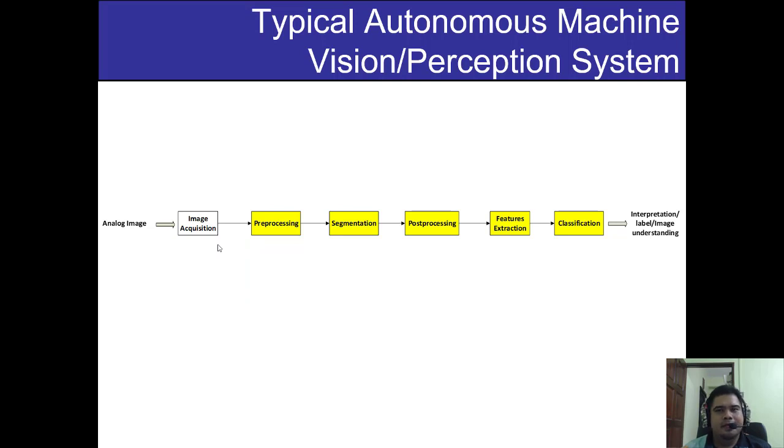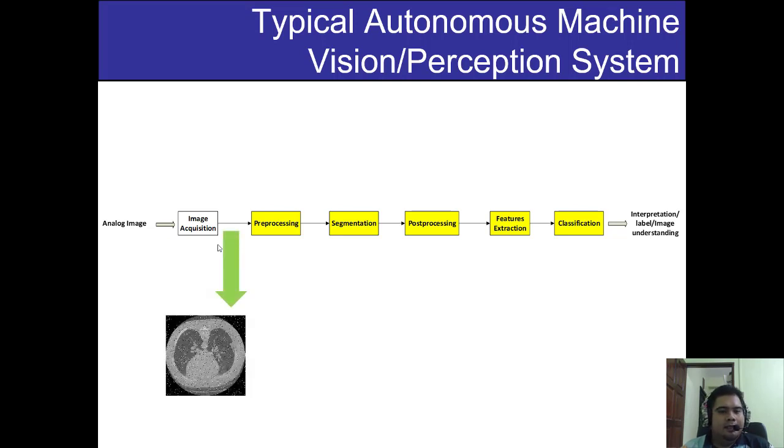You can put any example there, anything where the input is an image and the system is capable of interpreting something intelligently, and we can consider that an autonomous machine vision system. Okay, again, let's say from the environment you capture the image.